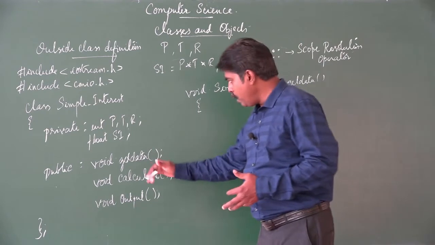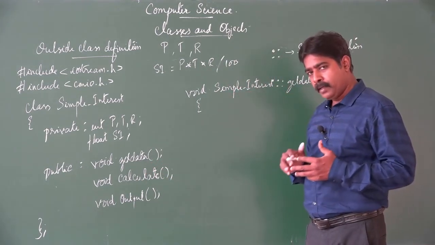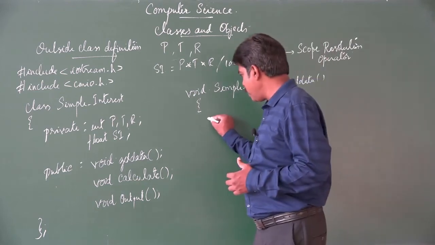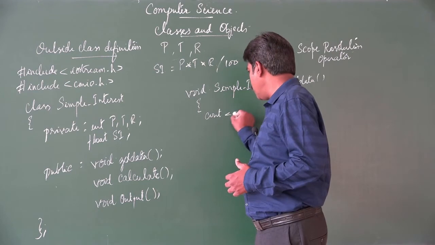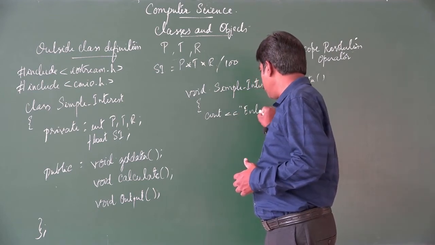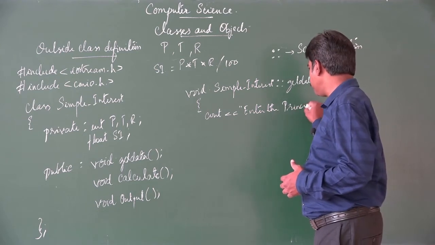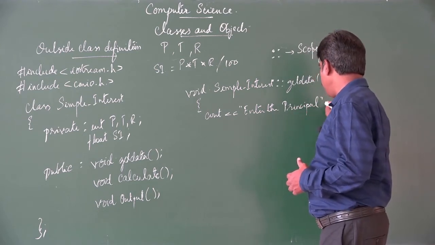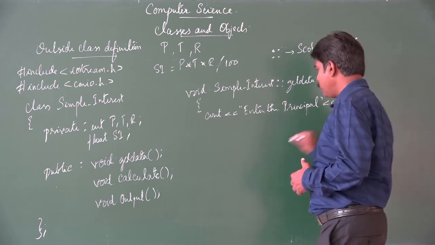So we are outside the class, and outside we are going to define getData, open a flower bracket. Then I say cout, enter the principal, endl, semicolon.